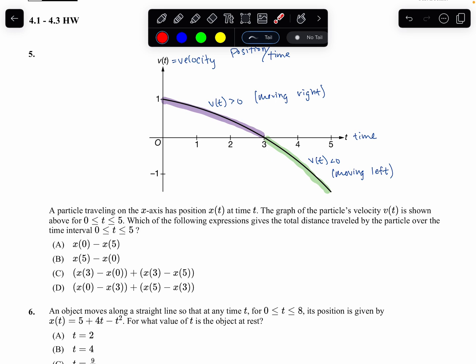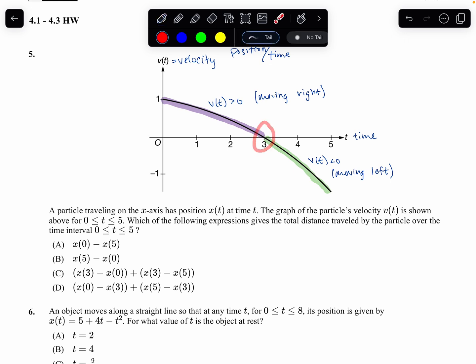So we would want to know the position from here. So the particle is moving to the right over here, and the particle is moving to the left over here. So we would want to know how far it traveled right and how far it traveled left right here. So how far did it travel right? So we would want the position.